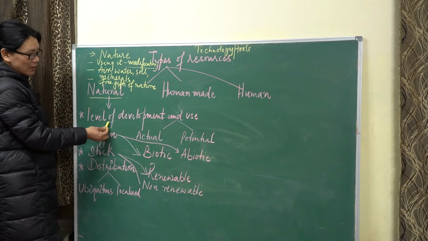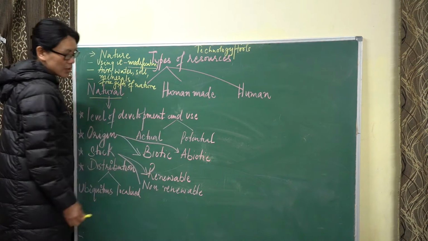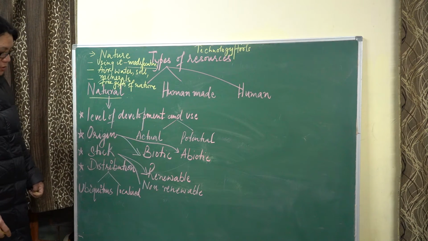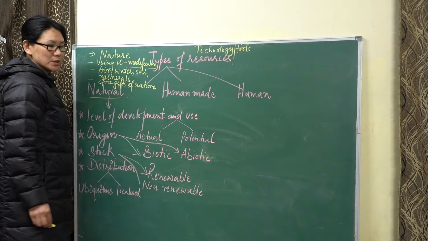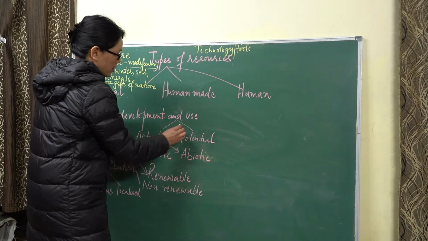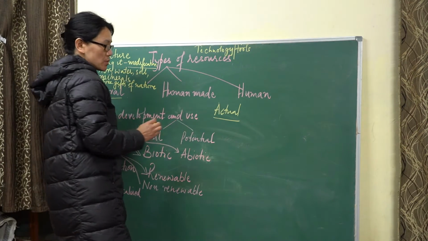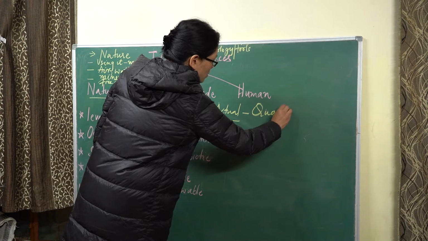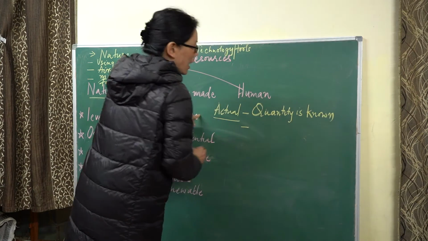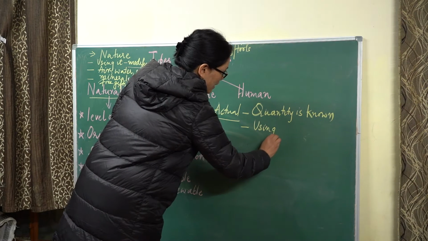The first one, level of development and use. Now under this we have actual resources and potential resources. Now we will see what is the difference between actual and potential resources. When we say actual resources, I'll write here, actual resources are those resources whose quantity is known and we are using such resources at present.